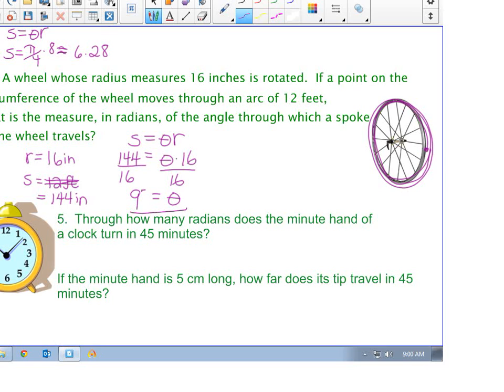So clearly more than a full revolution. A full revolution would be 2 pi, right? 360 degrees. So 2 pi, which is 2 times pi, is approximately 6.28. So if I'm going 9 radians, that's more than once around.